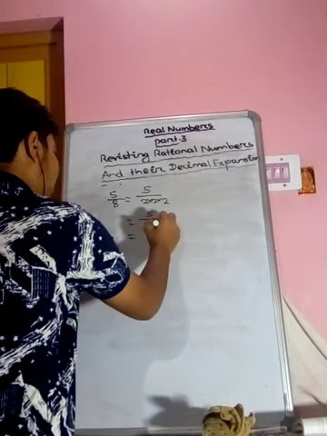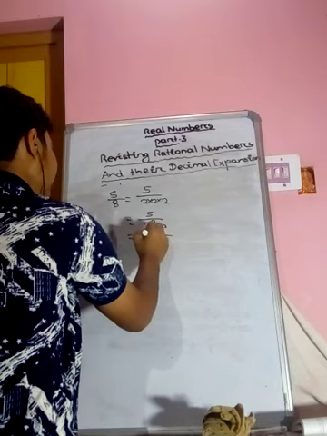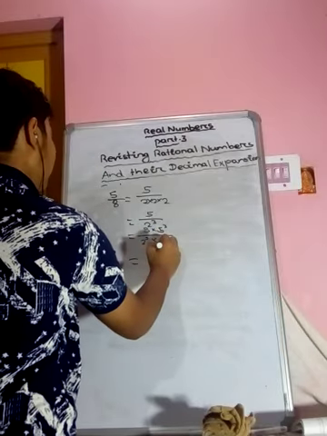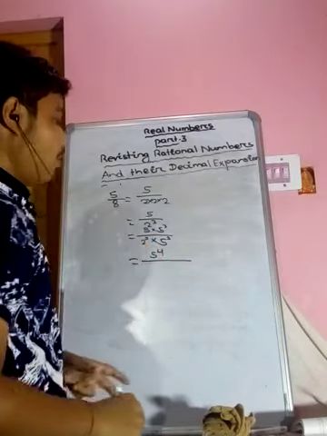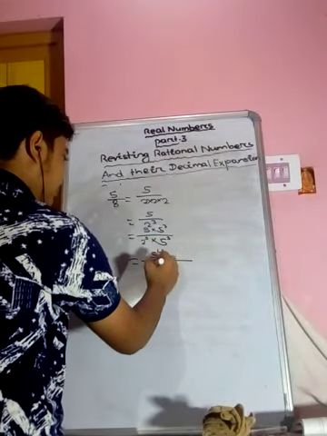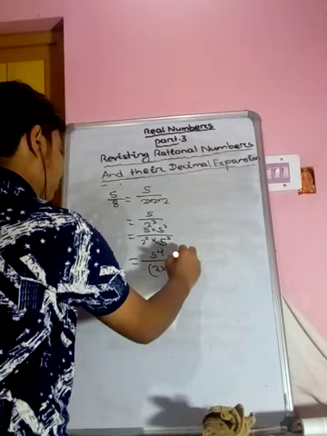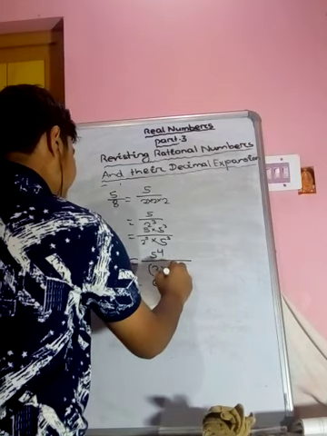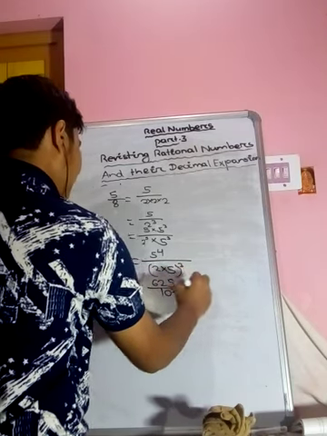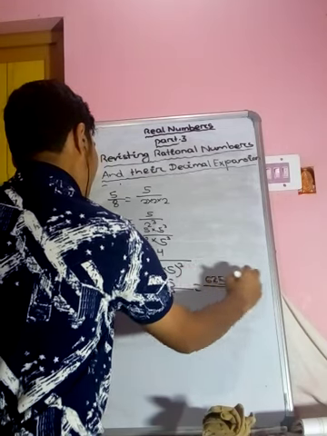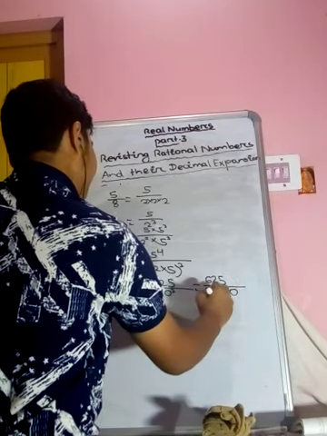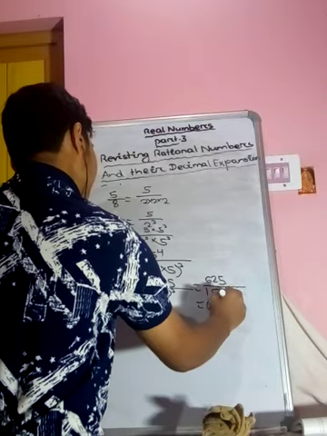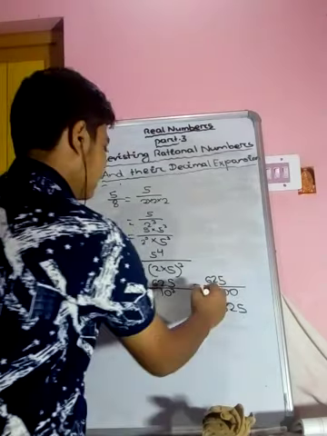So 5 into 5 cube by 2 cube into 5 cube. By the law of exponents, 5 into 5 cube is 5 power 4, and in the denominator the power is the same, so I can take 2 into 5 whole cube, which is 10 cube. 5 power 4 gives 625 by 10 cube, which is 625 by 1000, or 0.625. This is the decimal expansion.